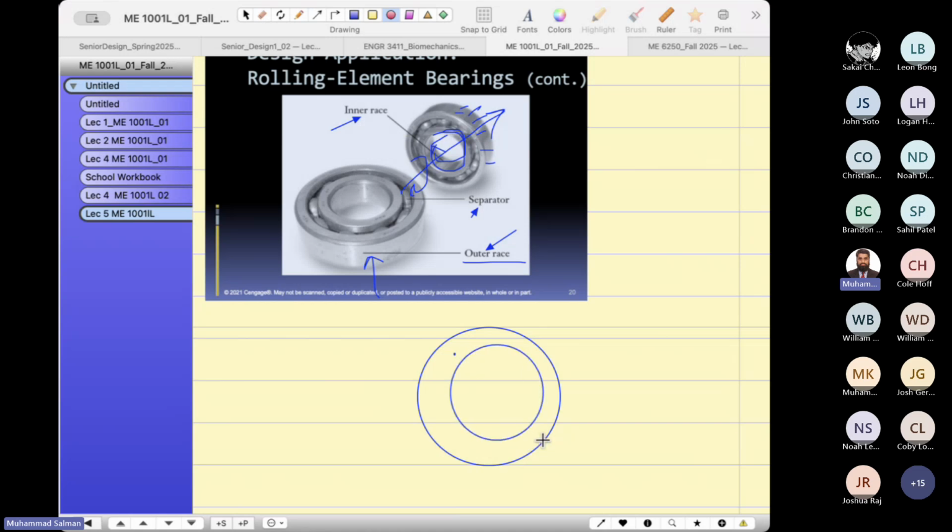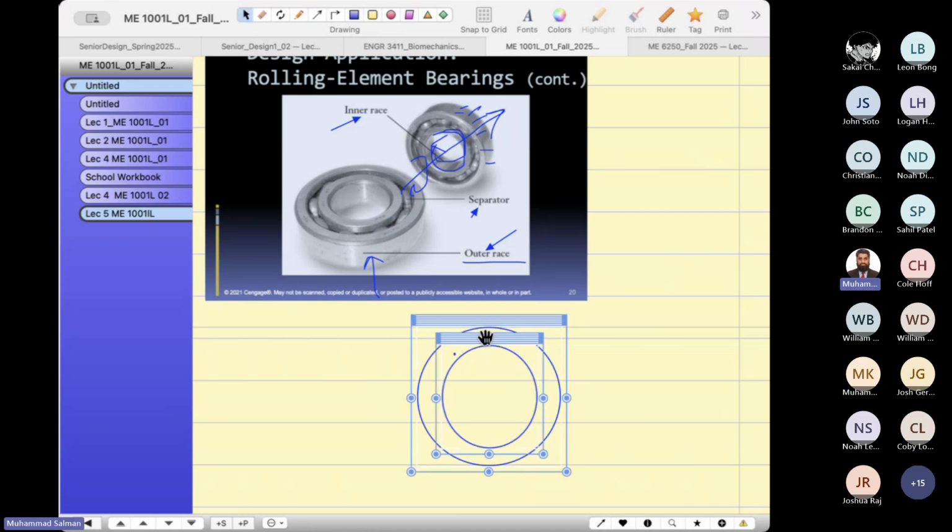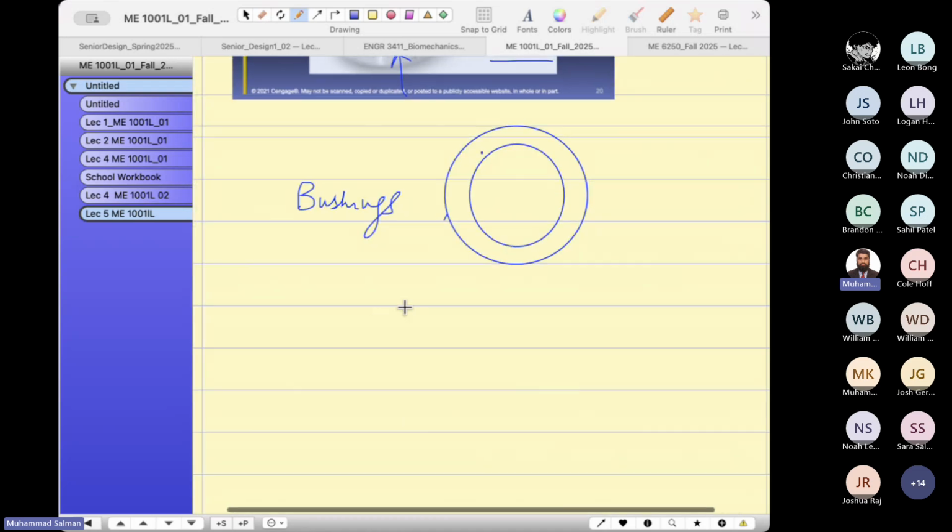Look, you don't see any bearings. This kind of situation, when you don't see the bearings, is known as bushings.